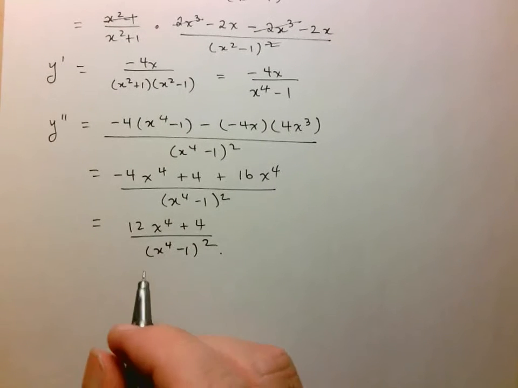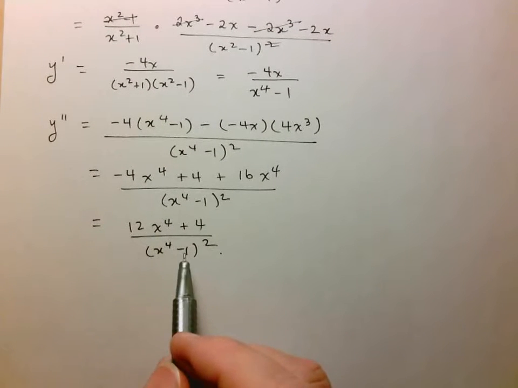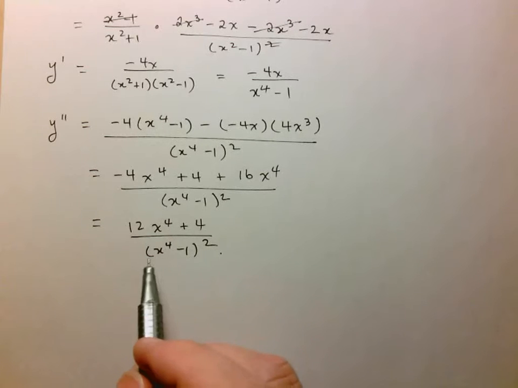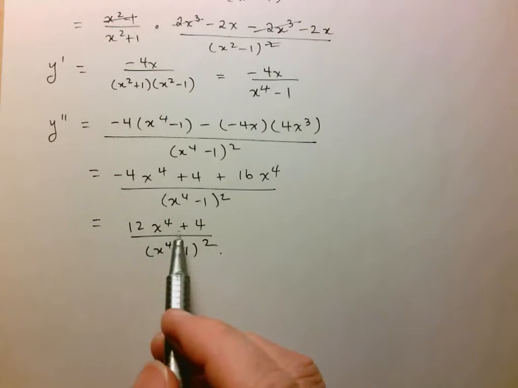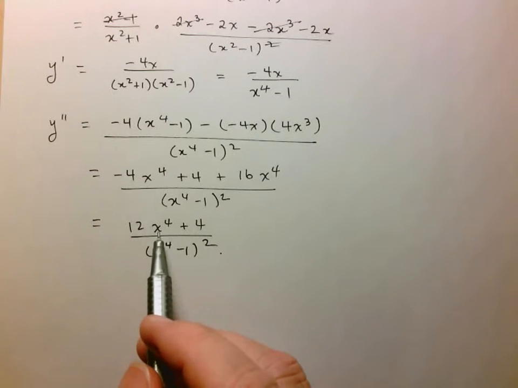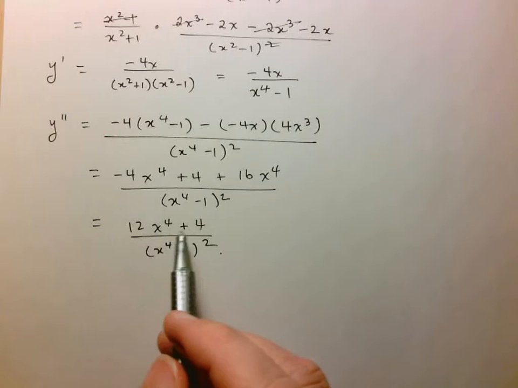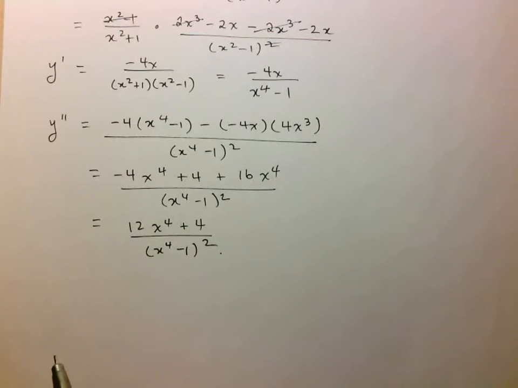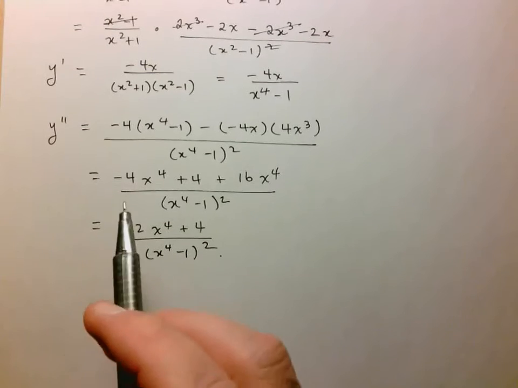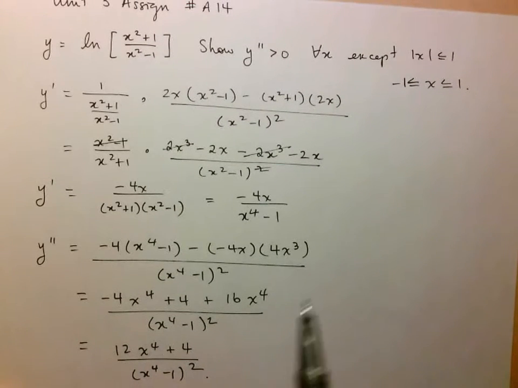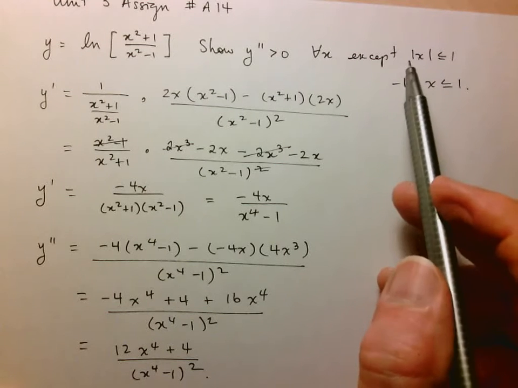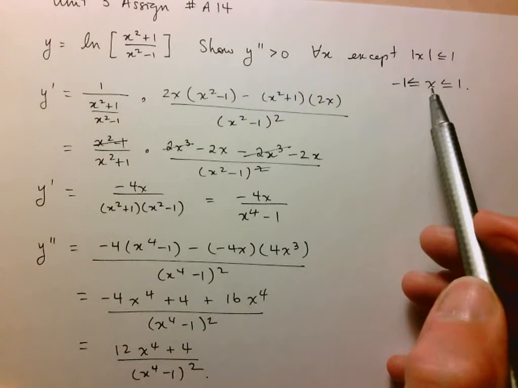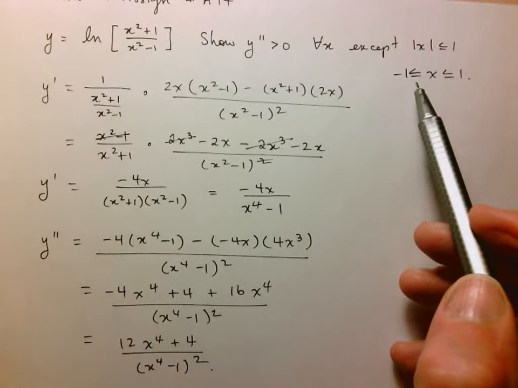When we take a look at the second derivative, the denominator is being squared, so this will never be negative. The numerator is a number that is positive or 0, and I'm adding 4, so the numerator will always be positive. So far this seems to fit what we're trying to show. Let's figure out where the issue is with it not being positive when x is between negative 1 and 1 inclusive.